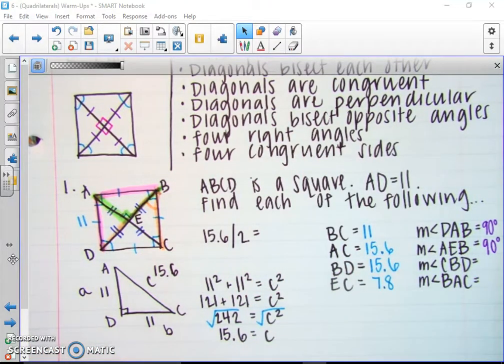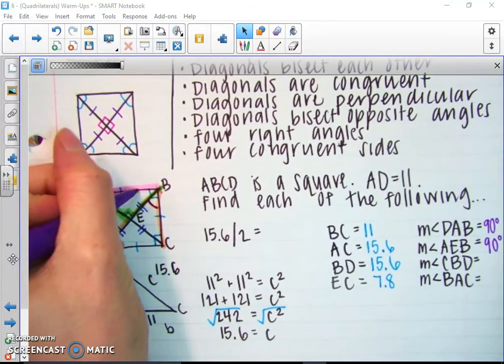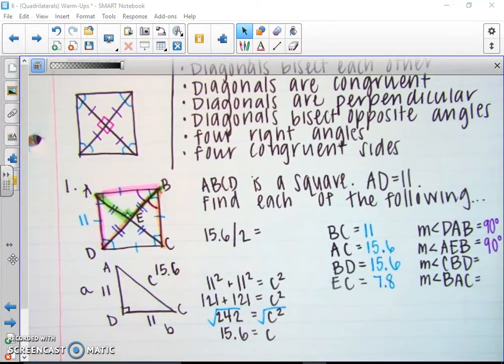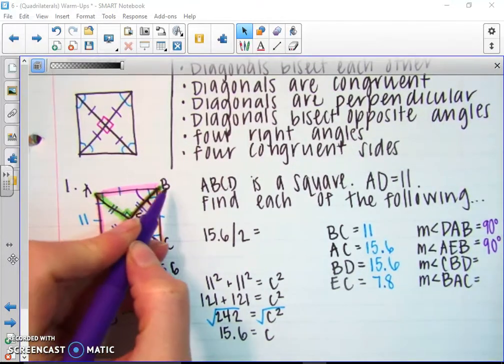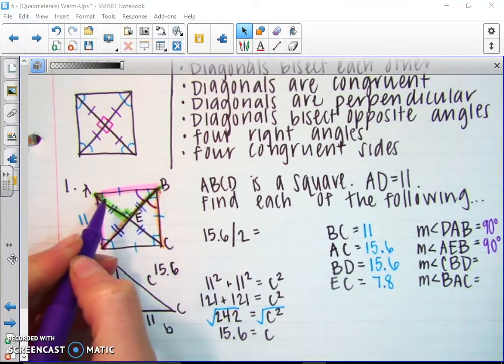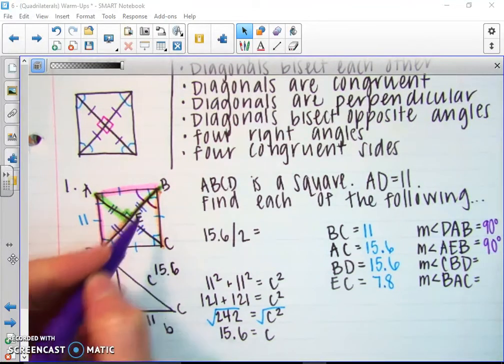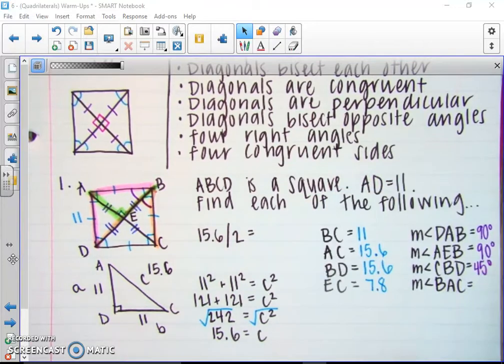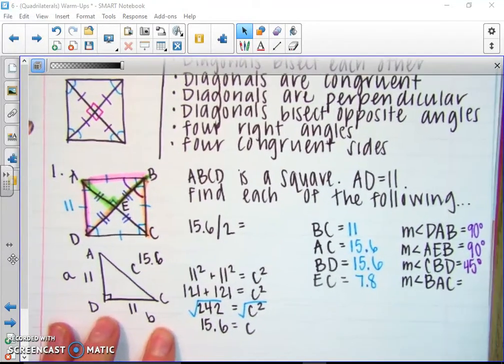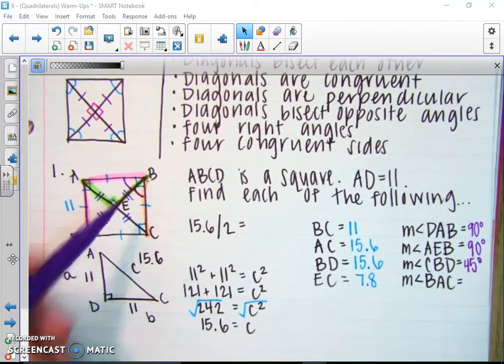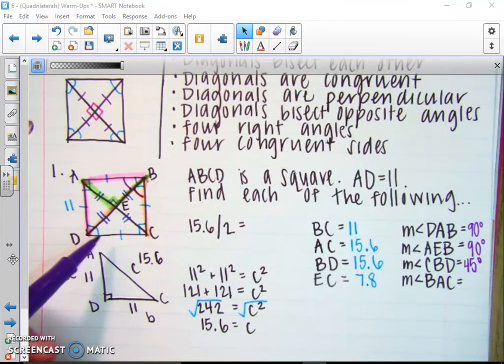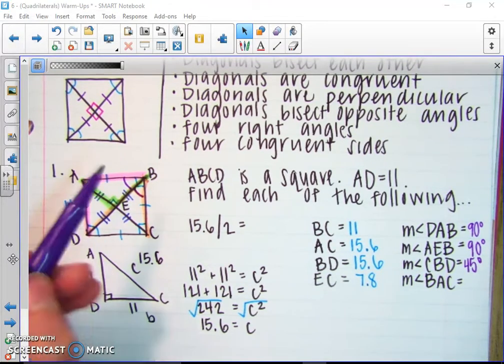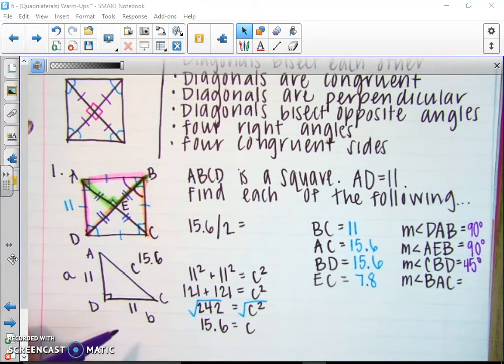That means that the diagonals cut this angle into 2 equal angles. Well, what do we know this corner is equal to? We know it's equal to 90, so if we cut that in half, we're going to be left with 45 degrees. And that's something we're going to notice in a square. Whenever you're looking for these angles at the corners, like half of it, it's always going to be 45 because the corners are always 90 degrees.